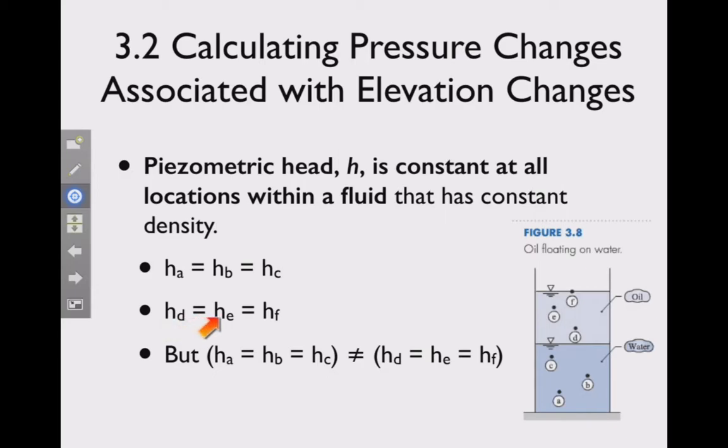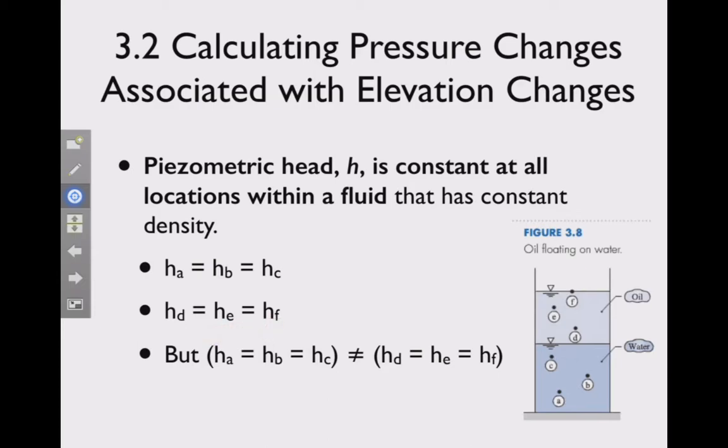HD equals HE equals HF. That means that as we go down in the fluid, the gauge pressure might be 0 up here at the maximum altitude in the fluid, but as you decrease the elevation inside the fluid, the pressure increases, and that's conserved. So the head inside the fluid is always equal.